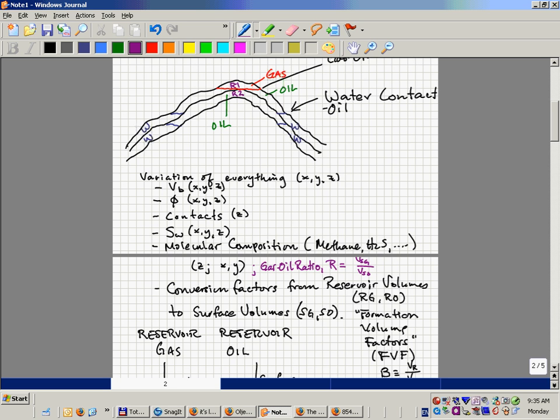So for Ekofisk oil, by the way, Ekofisk was an oil field, that ratio is about 300 standard cubic meters of gas for every standard cubic meter of crude oil. Ratio about 300. For Troll, the oil in Troll, the ratio is maybe 30.